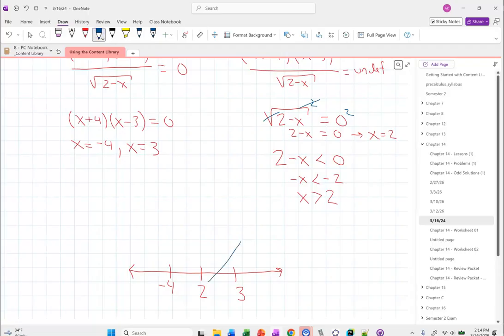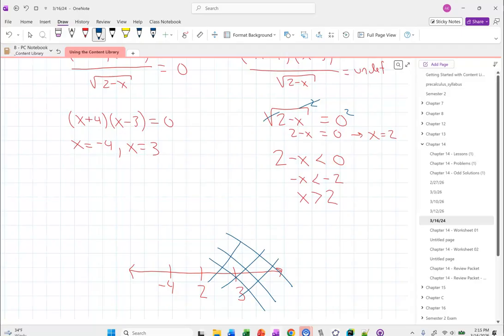So I don't need any of the number line that's greater than 2. I don't have to check anything over there. So that 0 of 3 doesn't matter, because it's going to make the denominator undefined. I don't have to test anything over there bigger than 2.